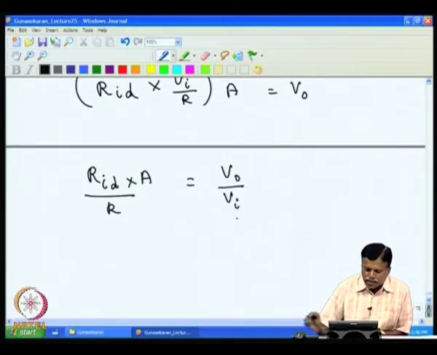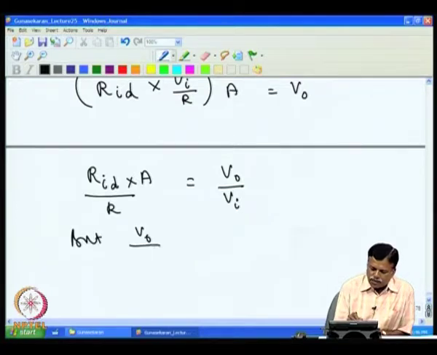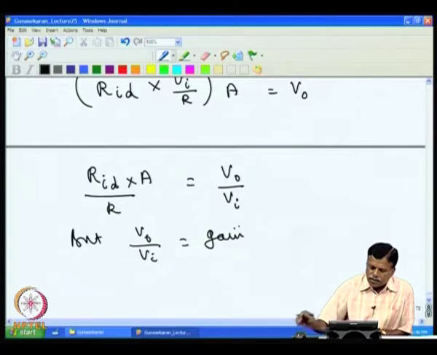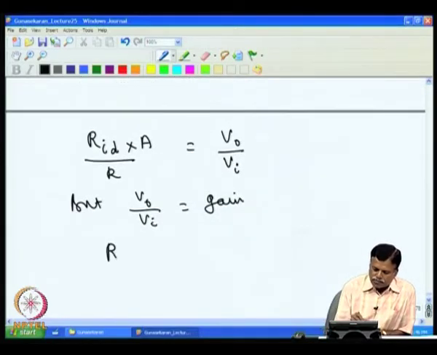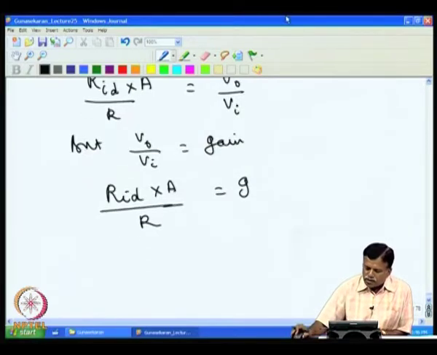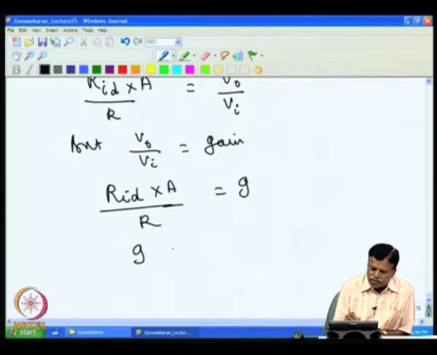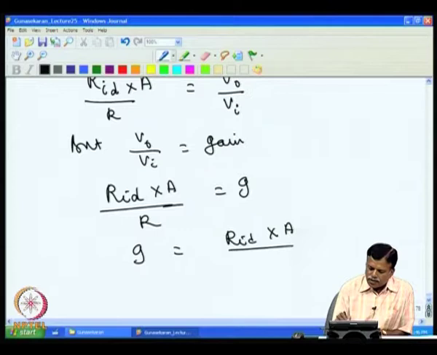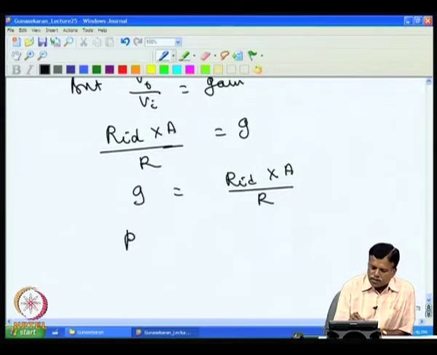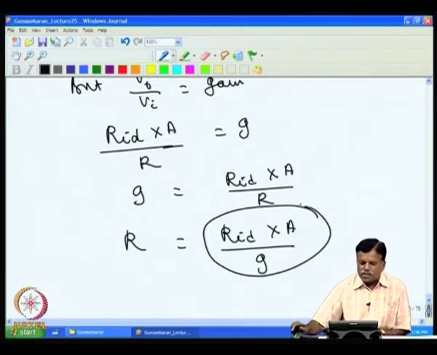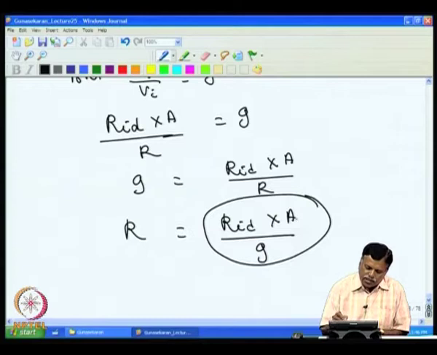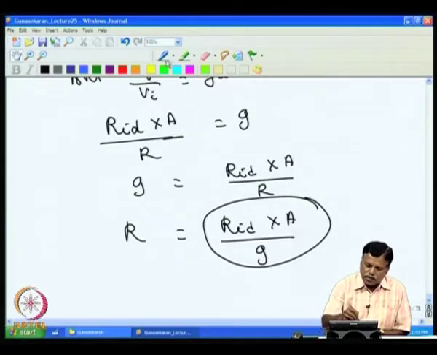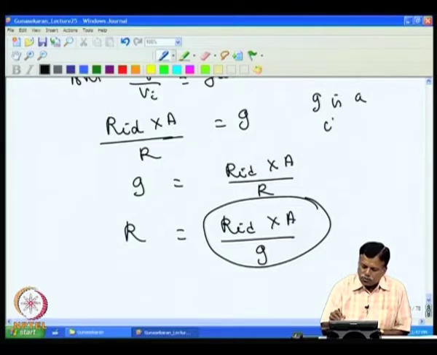So, RID into A by R comes out to be G. If I shift it the other way around, the input resistance R that we wanted appears to be RID into A divided by G. That means the input resistance is now expressed in terms of the differential resistance RID, the open loop gain A, and the closed loop gain G. So, G is the closed loop gain.